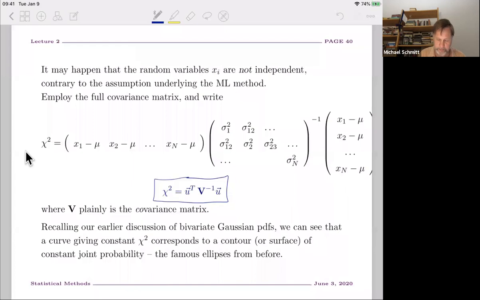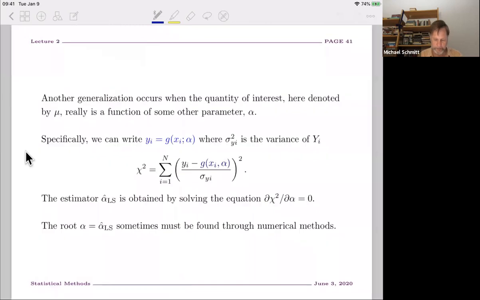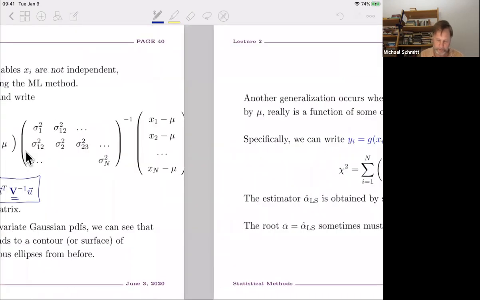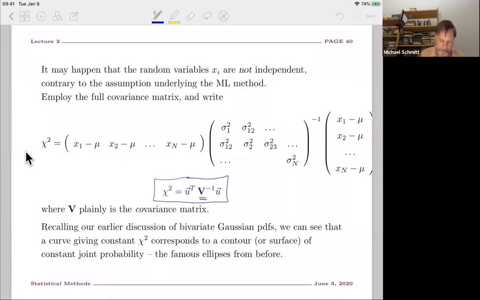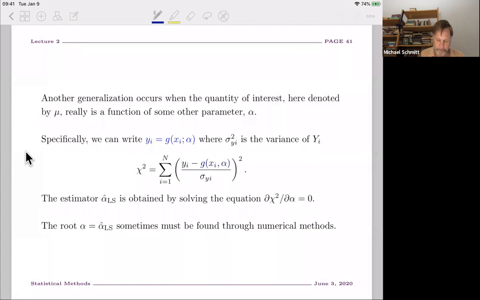By using this least squares method and working with the full covariance matrix, we handily, in a nice, elegant way, take this into account. And then finally, we can also generalize this so that instead of simply looking for a mean parameter of the Gaussian, we can take any function that depends on x and some parameter by minimizing chi-squared with respect to that unknown parameter.